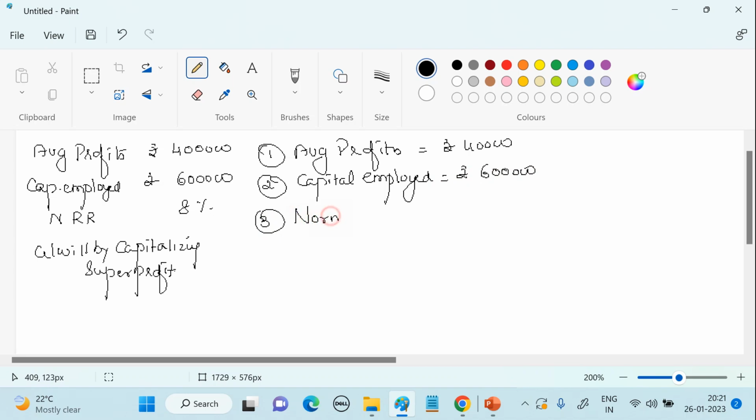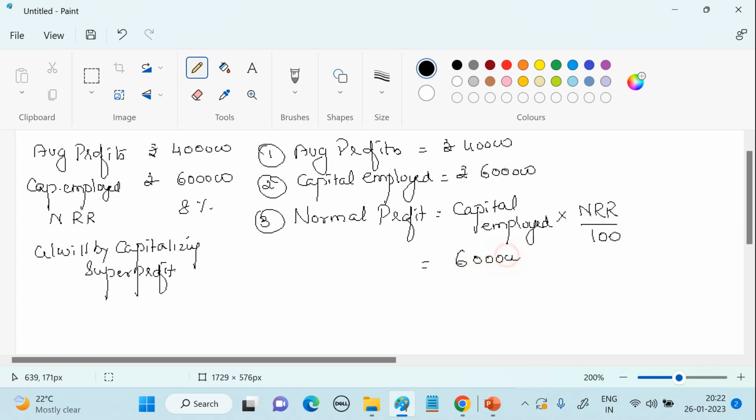What is the formula for normal profit? We take the capital employed into normal rate of return divided by 100. So 6 lakh into 8 by 100. 48,000 is the normal profit.